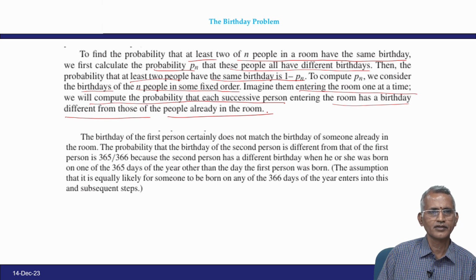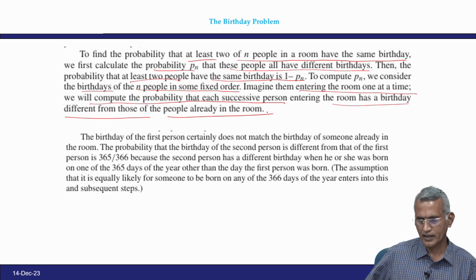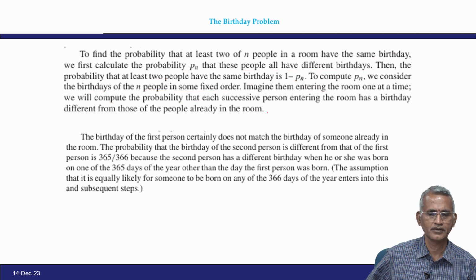We assume it is equally likely for someone to be born on any of the 366 days of the year, in this and subsequent steps.